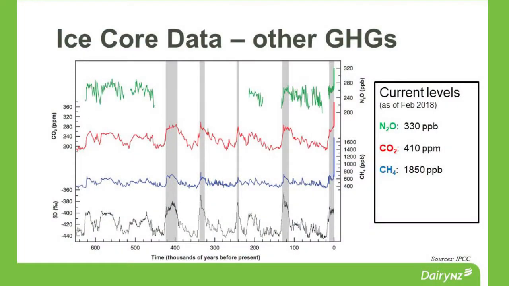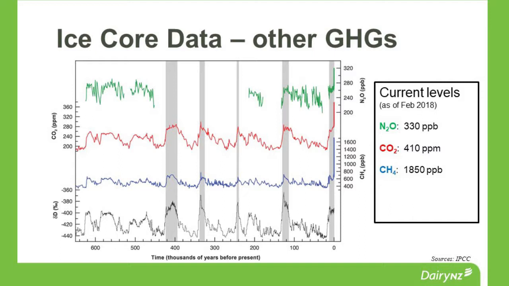Now, when you look at the other major greenhouse gases, such as nitrous oxide, which is the top line there, and methane, and this is carbon dioxide, which is the graph I showed you earlier, you can see that each of those gases seem to follow the same trend, albeit at different concentrations. We observe the same peaks and troughs across those three gases.